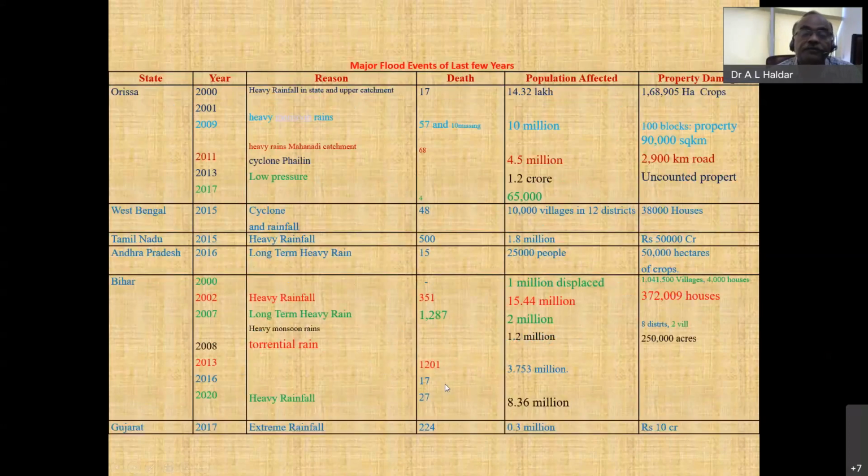You can also see Bengal; these are the gist of significant disasters in India in the past 20 years.